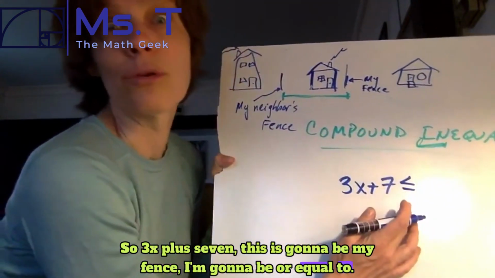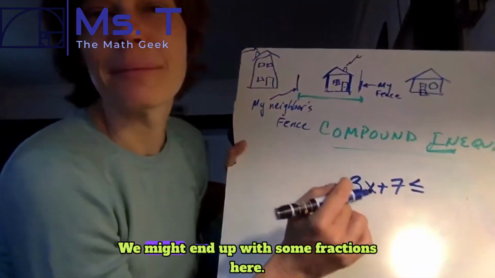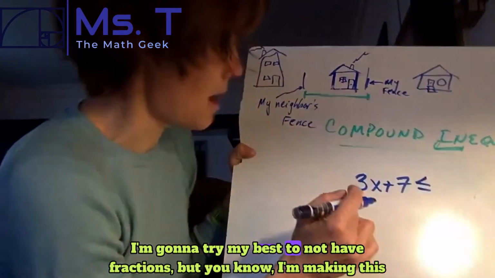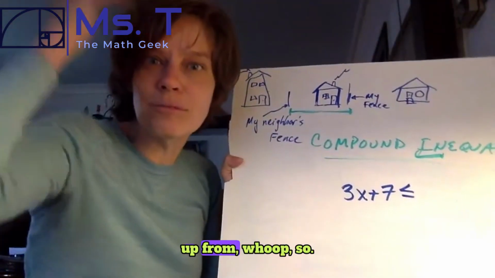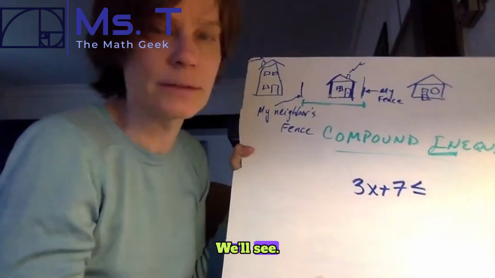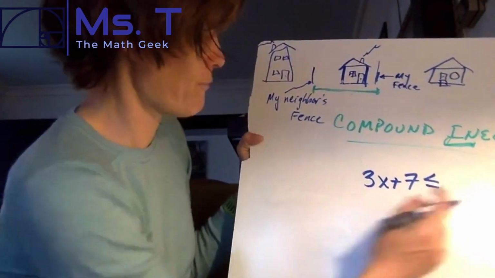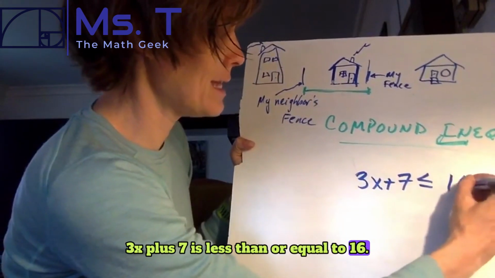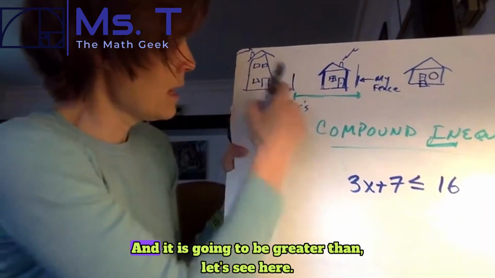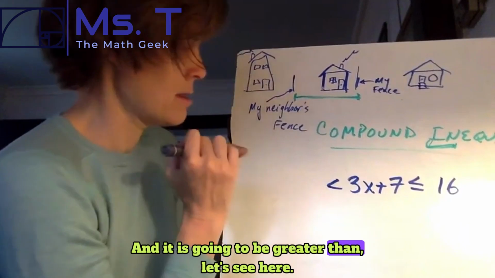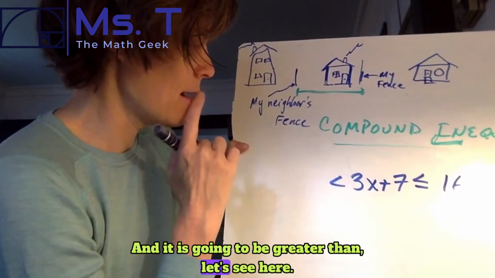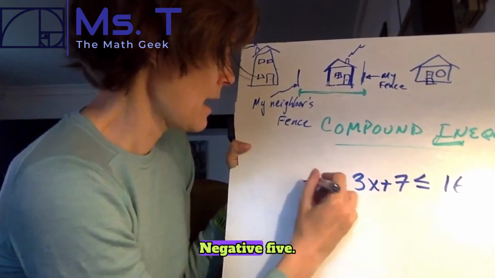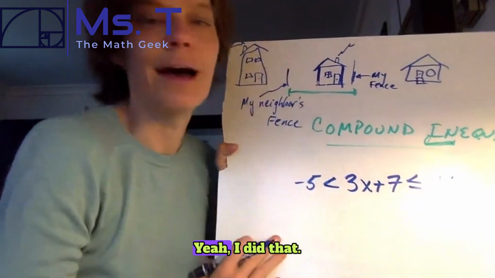I'm going to be less than or equal to. We might end up with some fractions here. I'm going to try my best to not have fractions, but I'm making this up on the fly, so we'll see. 3x plus 7 is less than or equal to 16. And it is going to be greater than, let's see here, -5. Yeah, I did that.